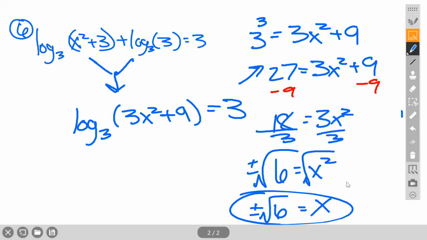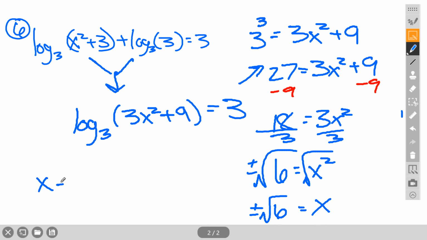Whoops, I shouldn't circle it because it's either square root of 6 or negative square root of 6.